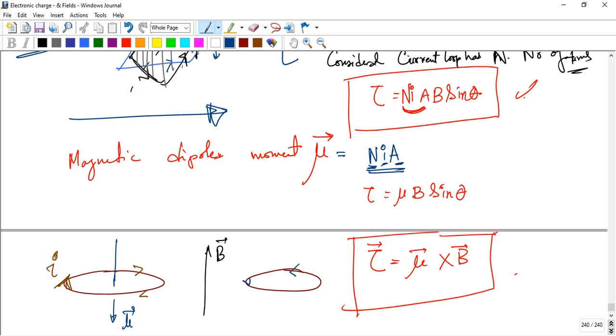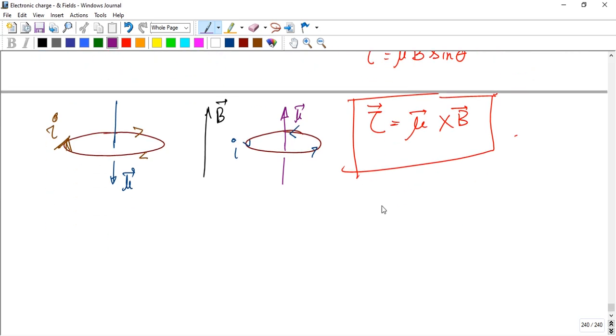That's I, and there is a mu, the dipole moment, upward. So here is a very important concept: there is an energy relation. Mu, the dipole moment, is a vector, and B is the external magnetic field. Don't be confused, that's not the magnetic field created by that wire or that wire, that's the external magnetic field.